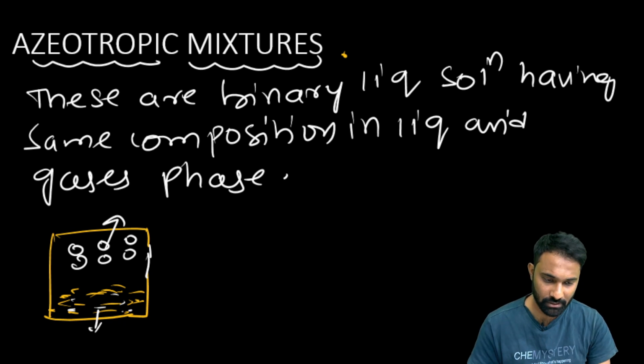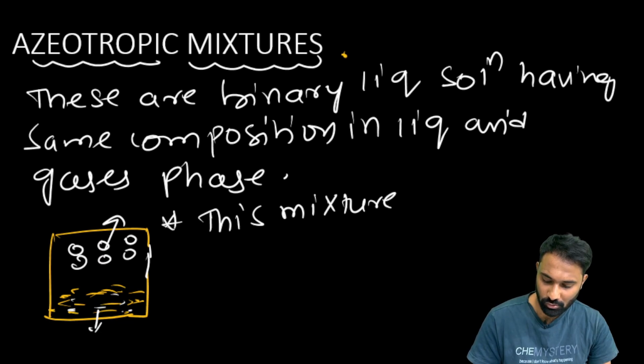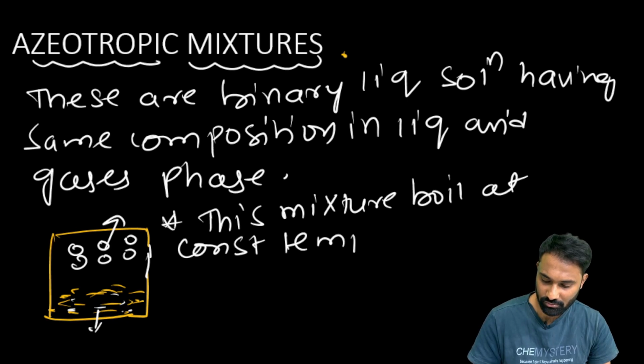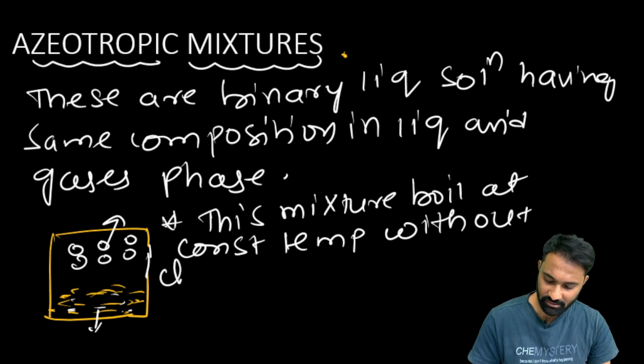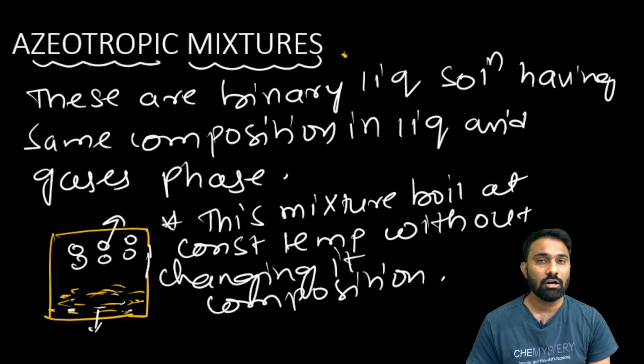Okay, now this mixture boils at constant temperature without changing its composition. Without changing any of its composition, it will boil at the constant temperature.